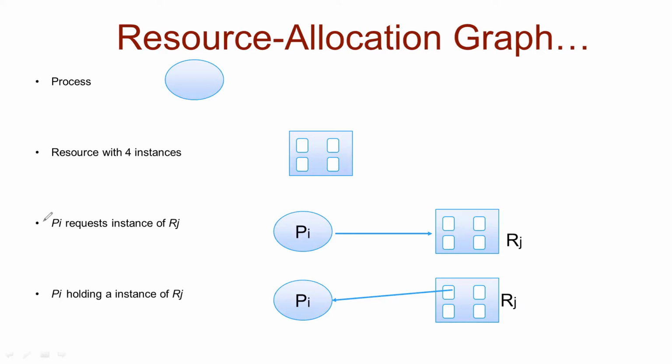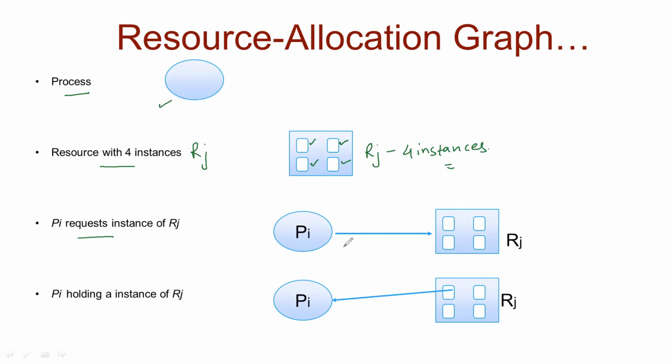In a resource allocation graph, a process is represented as a circle. Any resource, suppose the resource is RJ, is represented as a rectangular box. In this case, there are 4 instances of RJ. It means if RJ is a tape drive, then currently the system has 4 tape drives. These are the 4 instances.